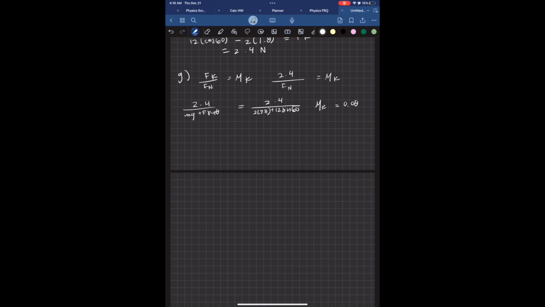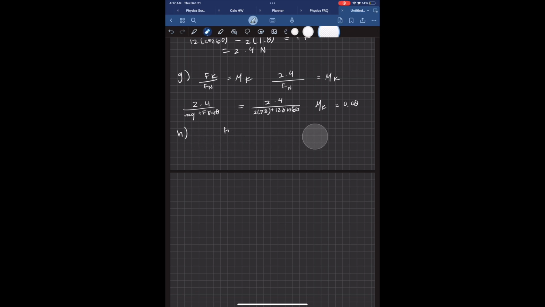And then when we find that the applied angle is decreased, it is going to increase the acceleration.